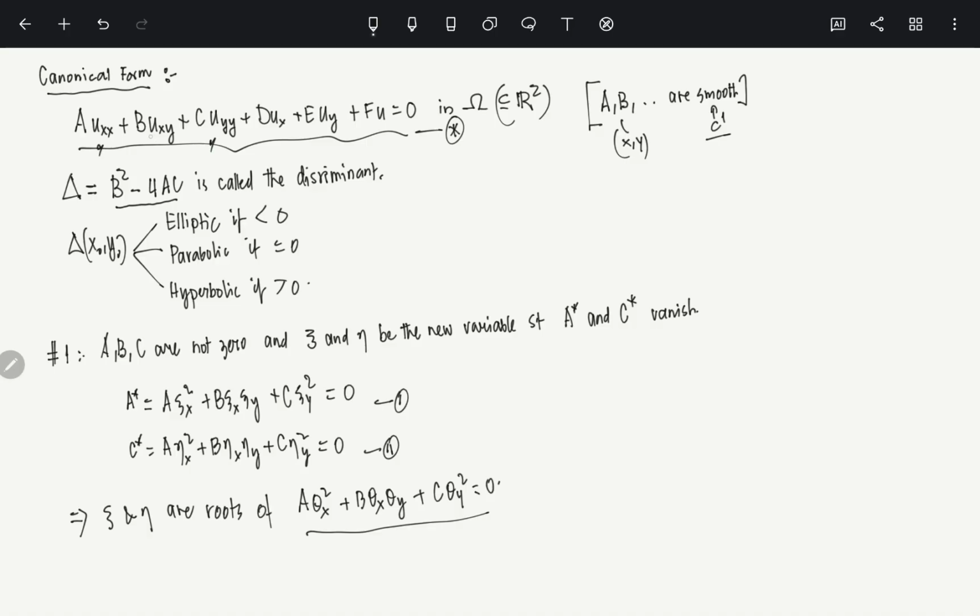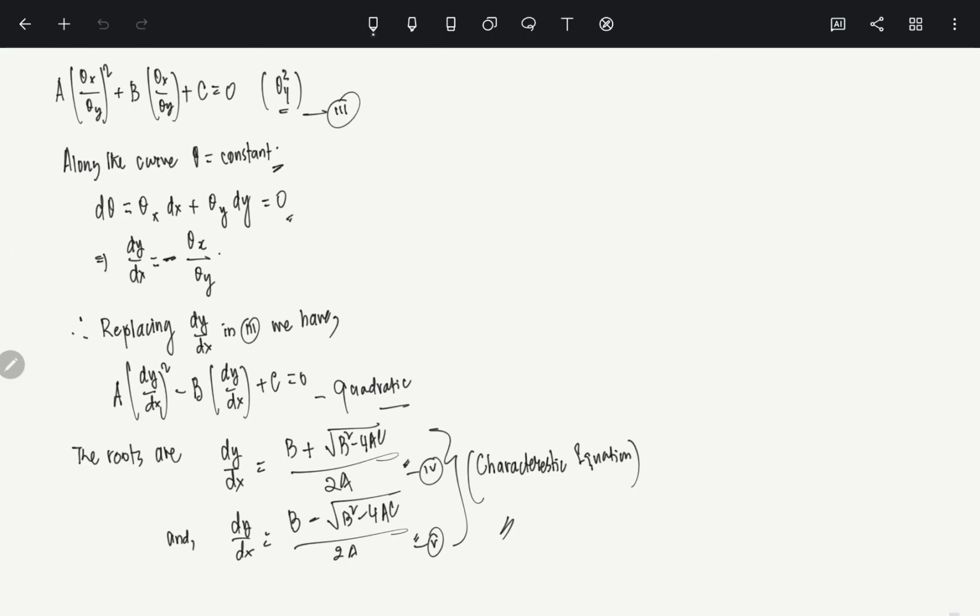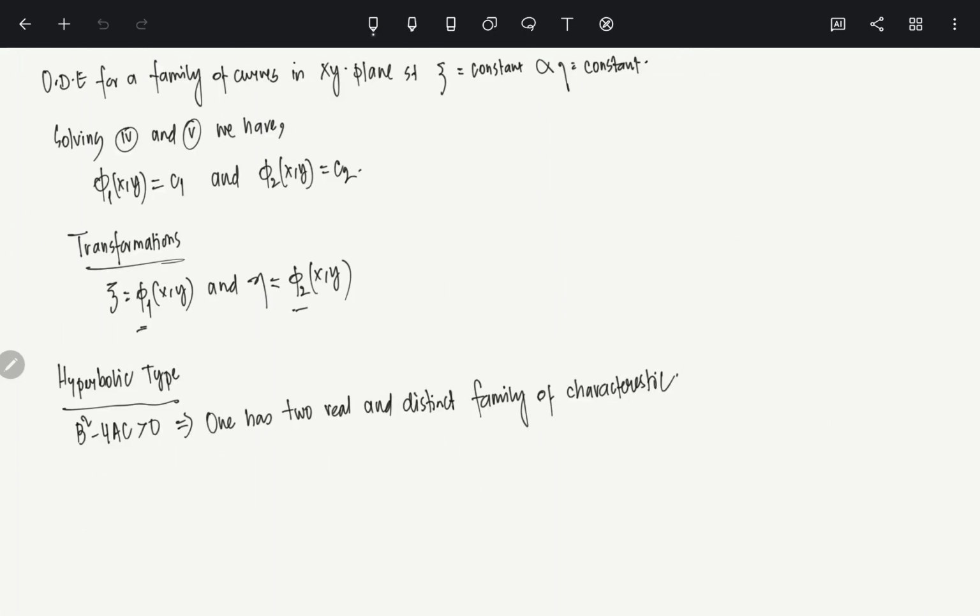So star reduces to u of xi eta equals H star by B star. Only B star is remaining. You can easily show that B star is non-zero. You already know what B star is, so please show that.